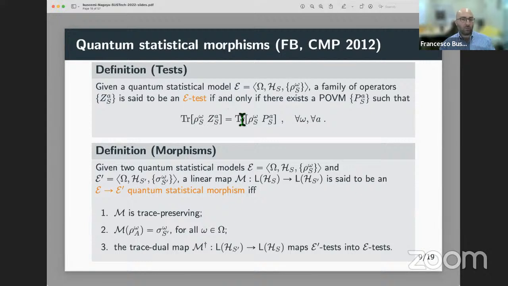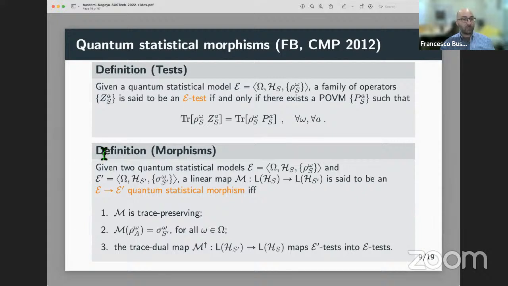Okay, so because the model is not typically a complete set of states, you don't have a complete basis to span the whole set of operators, you have to build some kind of equivalence class. So you can say that a POVM identifies some equivalence class in the set of tests for a given model.